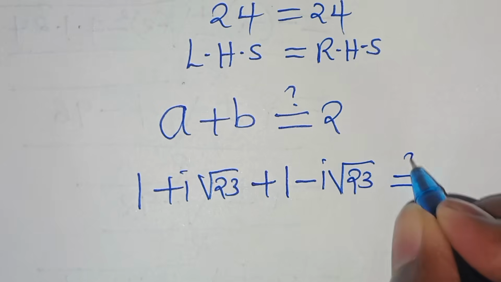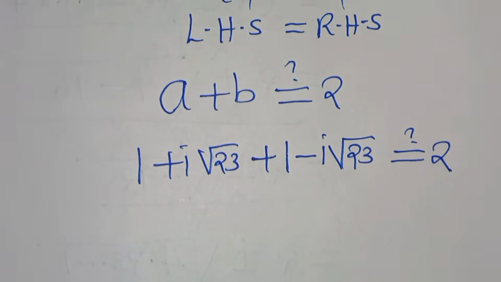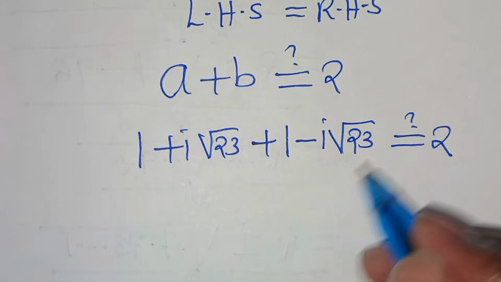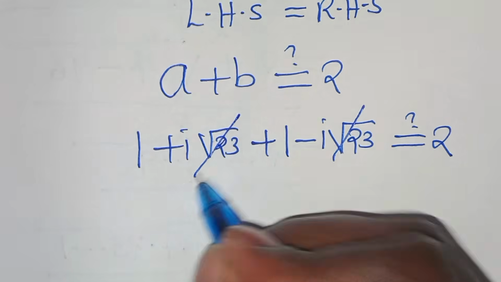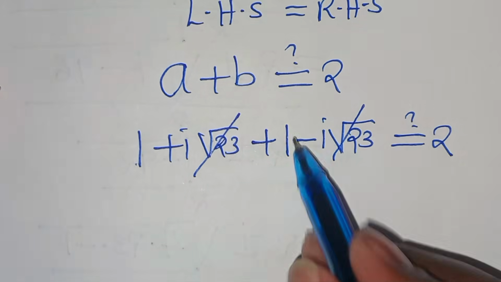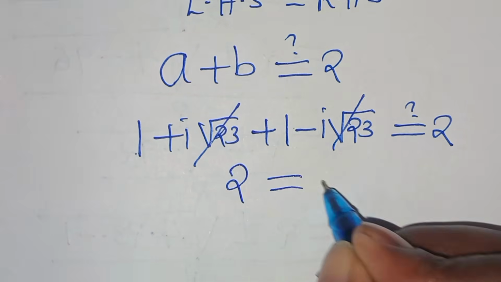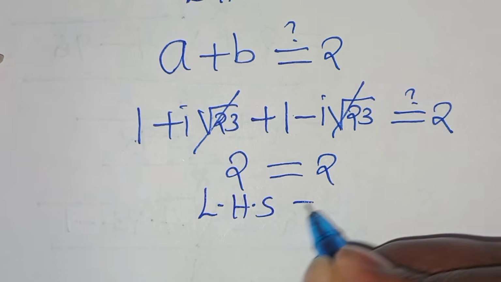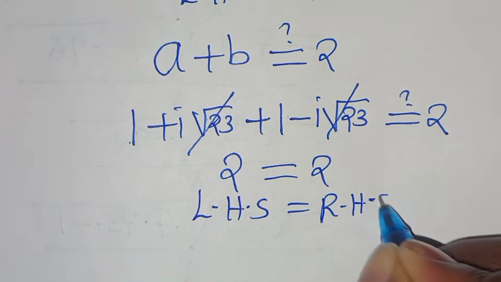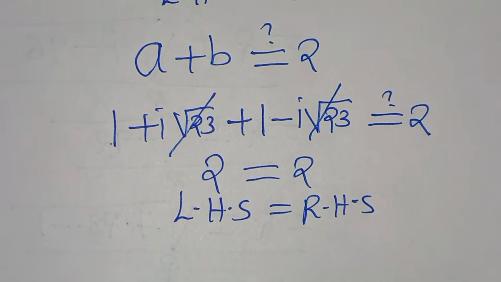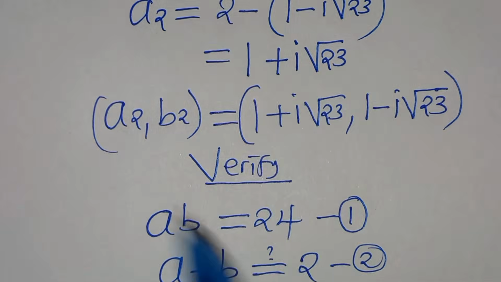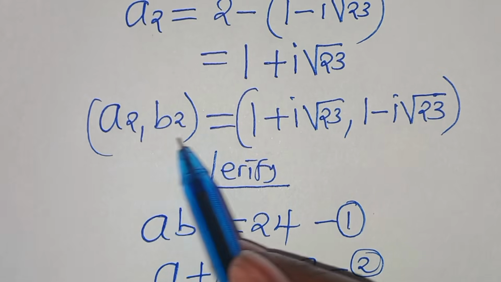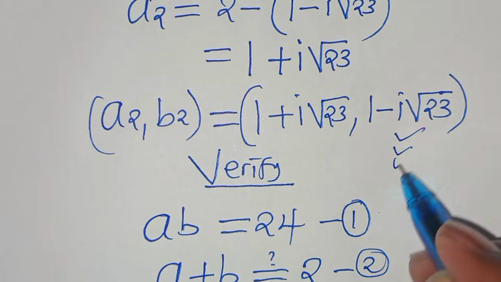This is supposed to give us a value of 2. i square root of 23 minus i square root of 23 simplifies. Then 1 plus 1, this is 2, which is equal to 2. So we have that the left hand side is equal to the right hand side. And this affirms that a2, b2 also satisfies the equation.